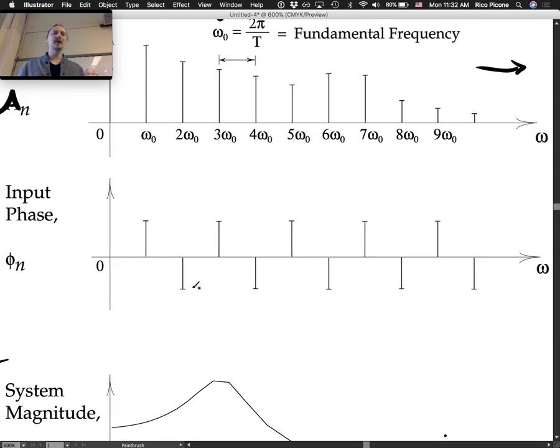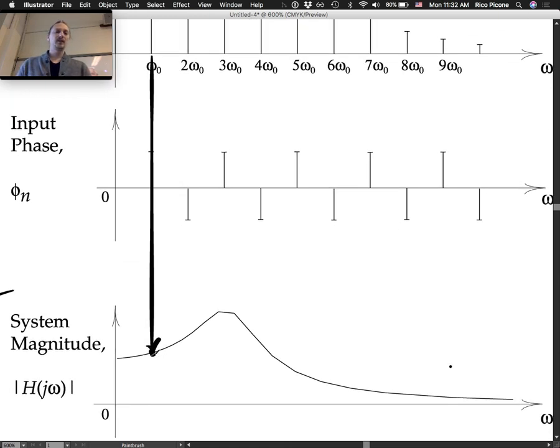What we're doing is we're going to say, okay, at the fundamental frequency, we have an A_n of whatever this is. So A0. We multiply that by, let's follow this frequency down, this magnitude. So this is the magnitude of H of j omega naught, right? So at the fundamental frequency.